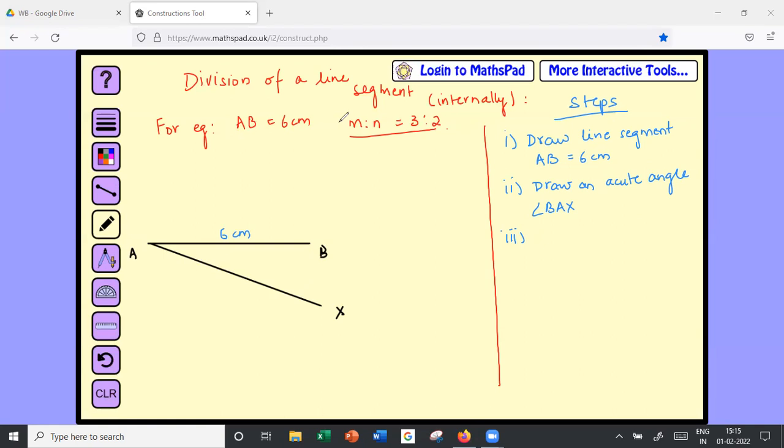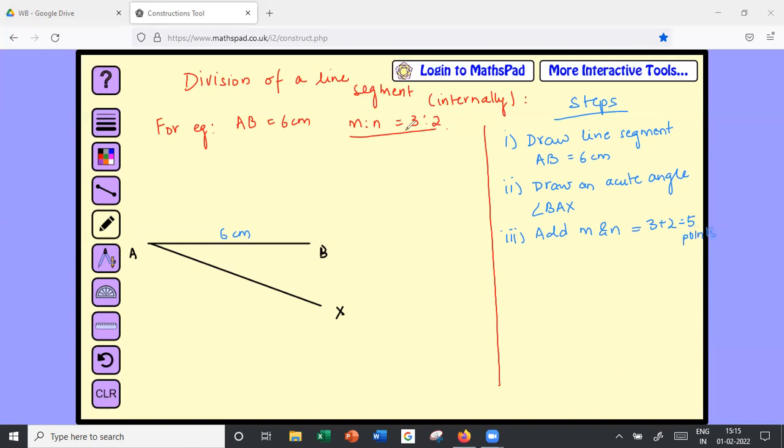Okay, the next thing you need to do is you need to come back to this m is to n, which is the 3 is to 2 ratio, and just add it up. I'll write it as a step: add m and n. So basically you have 3 plus 2 is equal to 5 points.